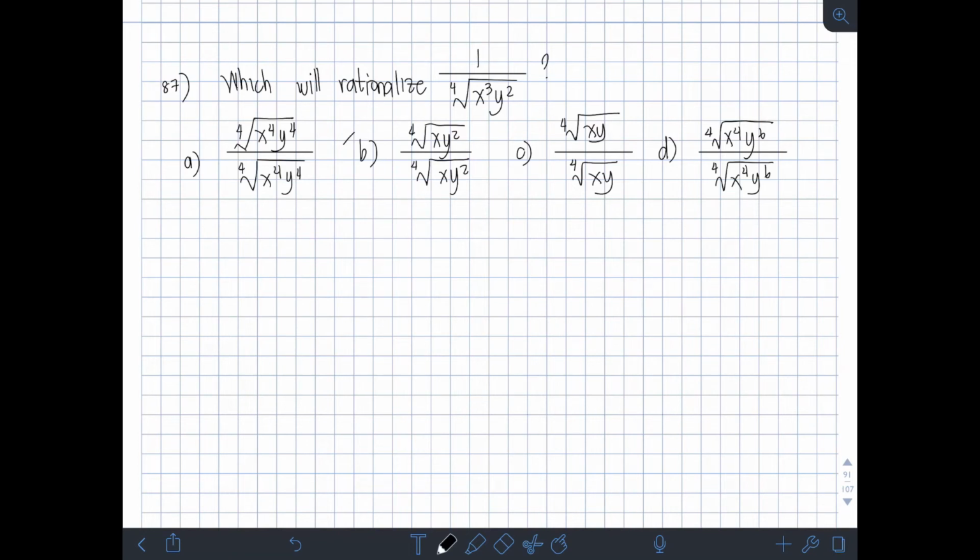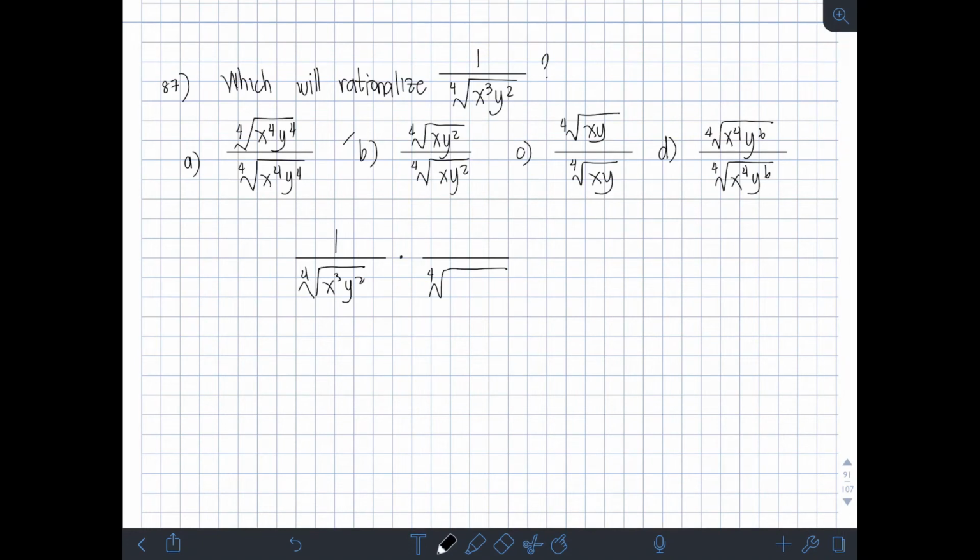Okay? Next, we have, which will rationalize 1 over 4th root of x cubed times y squared. Okay, so radical. So, alam natin na para ma-simplify yung isang expression or fraction na merong radical sa denominator, i-rationalize natin. So, maghahanap tayo ng factor, multiply natin both numerator and denominator by that factor para ma-rationalize. So, para magawa yon, consider natin yung denominator.